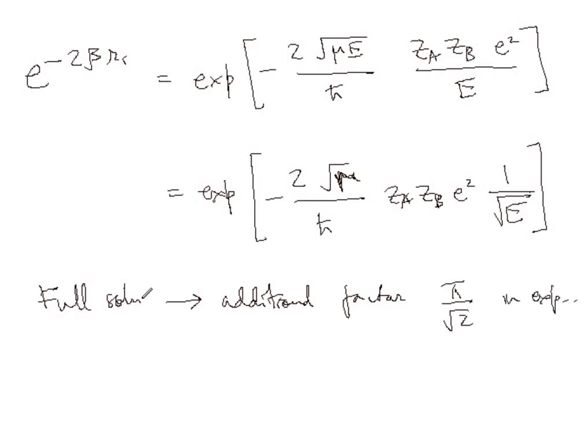Now if we recall the definition of the fine structure constant, it is e square by h cross c, having a value of approximately, not exact, 1 by 137.